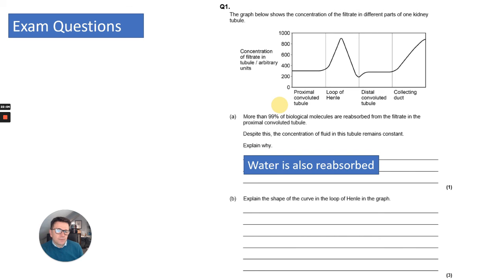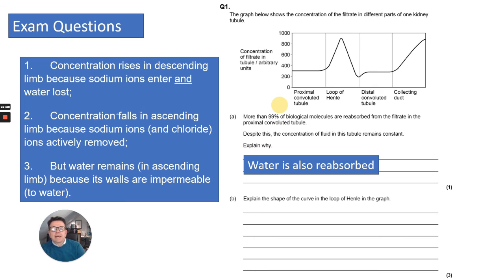However, you could also say water is also reabsorbed at the PCT, so it therefore will remain constant. So the concentration doesn't necessarily increase or decrease. Explain the shape of the curve in the loop of Henle. So it goes up and then down, so you've got to talk about both.